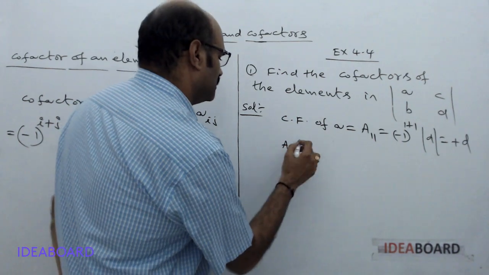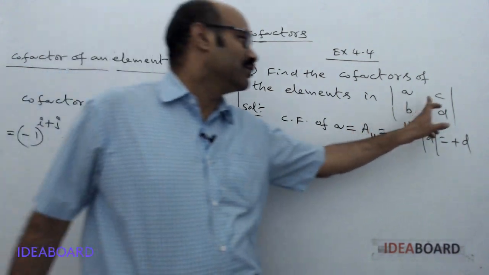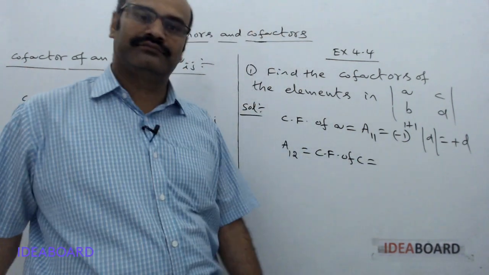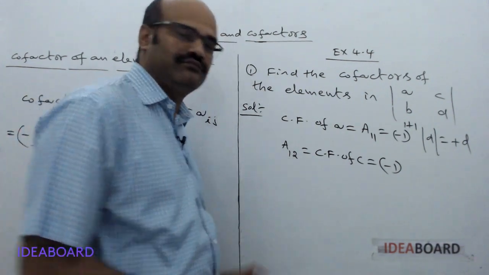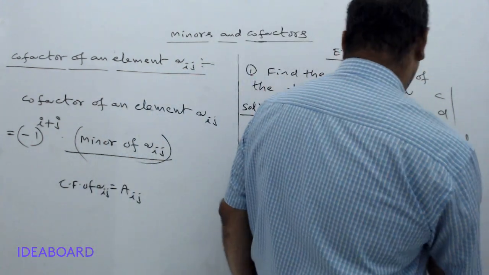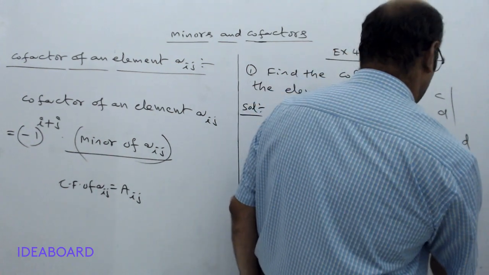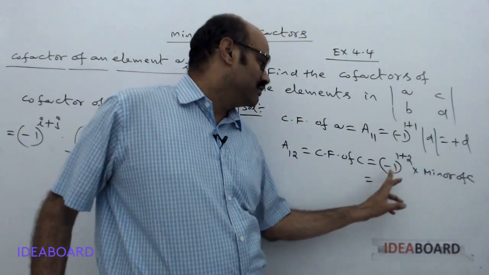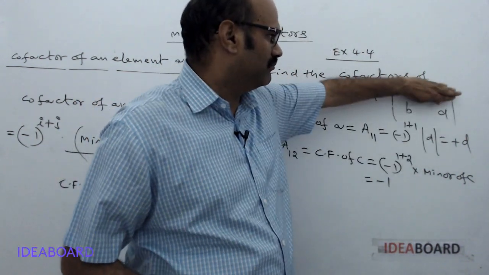Now A12 means cofactor of B. Cofactor of B equals minus 1 whole power, you have to take the sum of these two, 1 plus 2. 1 plus 2 equals 3, so minus 1 whole power 3 into minor of B. Minus 1 whole power 3 is always equal to minus 1 into minor of B. Remove first row and second column.